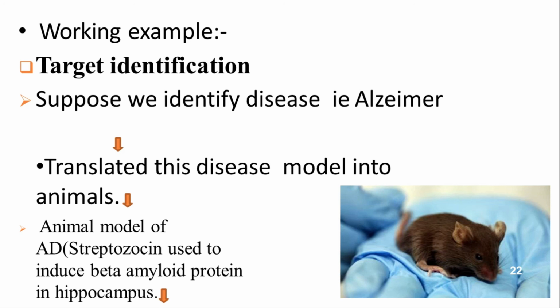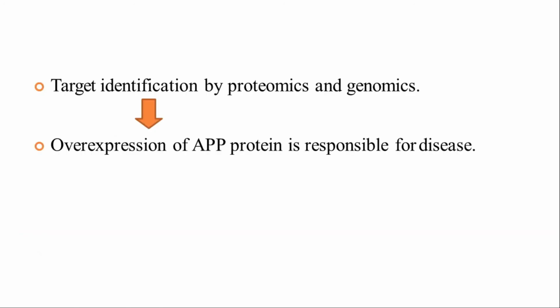As you know, streptozotocin is used to induce diabetes. It is also used to induce Alzheimer disease through beta amyloid protein in the hippocampus lobe. And after this, target identification by proteomics and genomics can be achieved, and overexpression of APP protein is responsible for the disease.